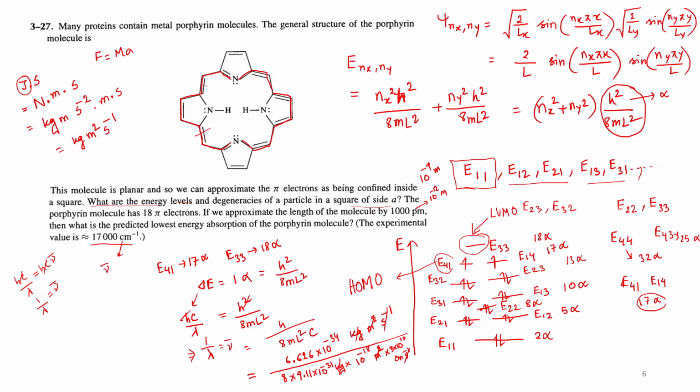6.626 divided by 8 divided by 9.11 divided by 3 into 10 to the power minus 34, divided by 10 to the power 49, divided by 10 to the power 10.